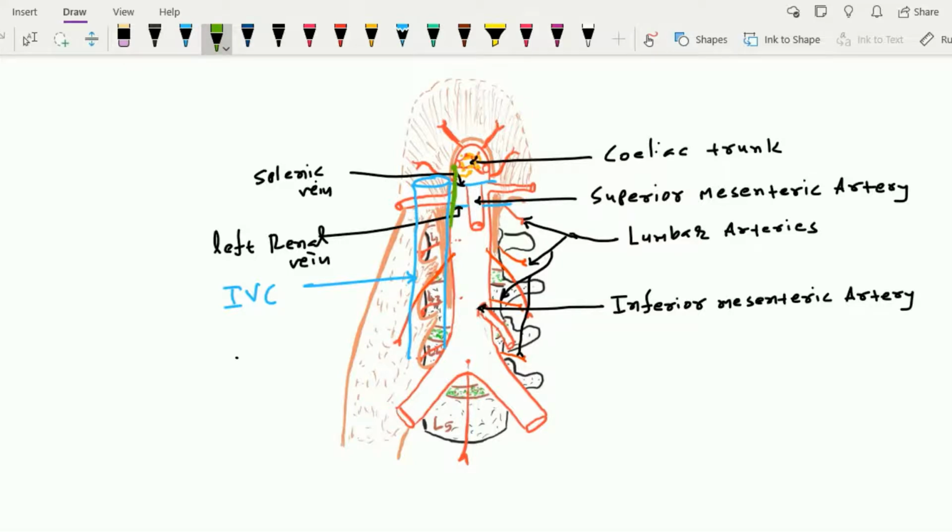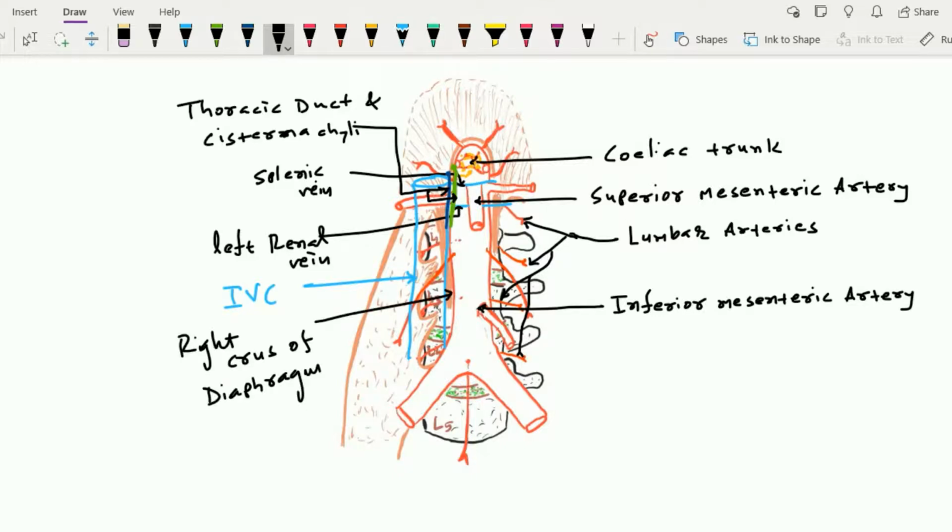The thoracic duct is the continuation of the cisterna chyli. And along with all these structures on the right side, we also find the right crus of the diaphragm to the right of the abdominal aorta.